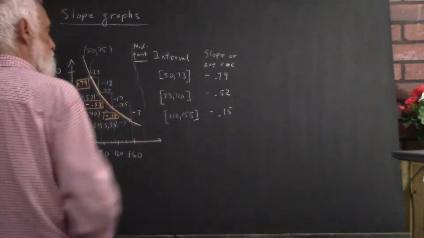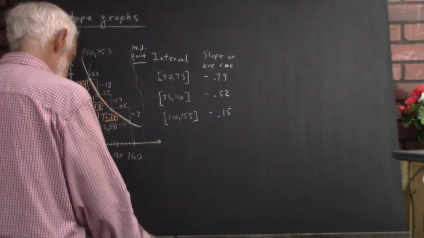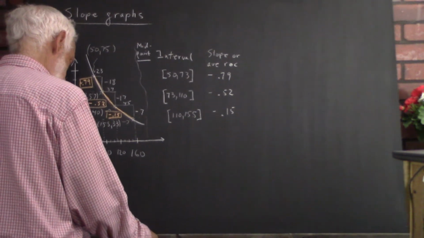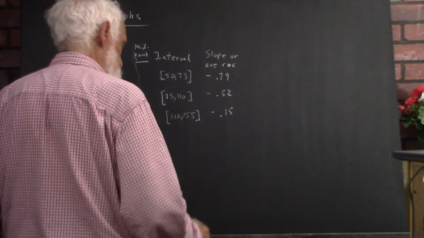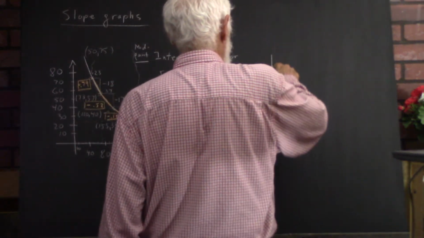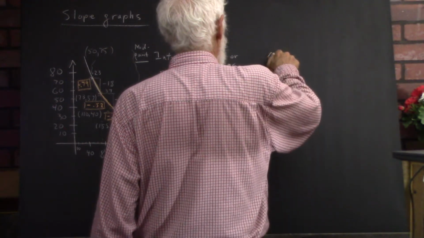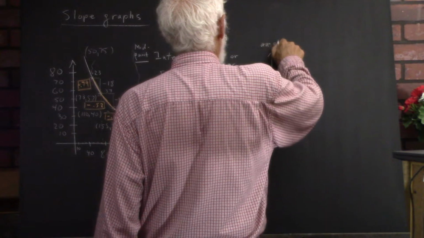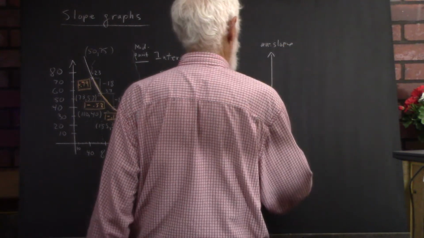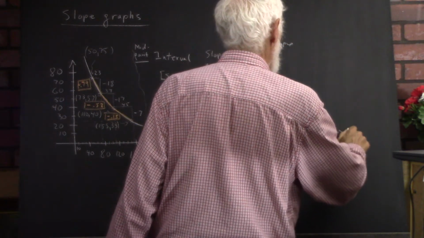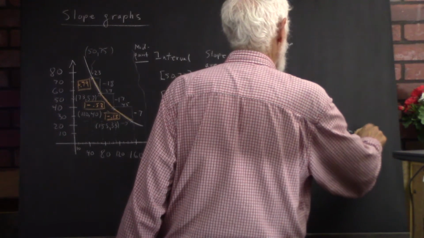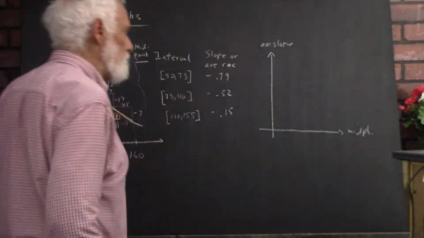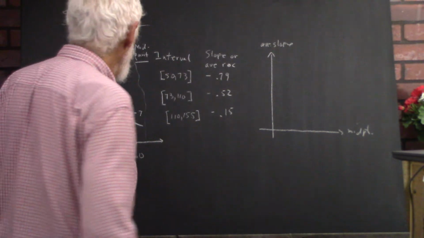Okay, well, I'm going to give myself a little room here. That word is midpoint. Now what I want to do is draw a graph that shows average slope versus the midpoint of the interval.